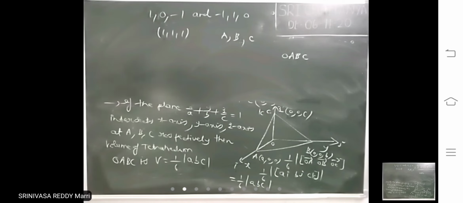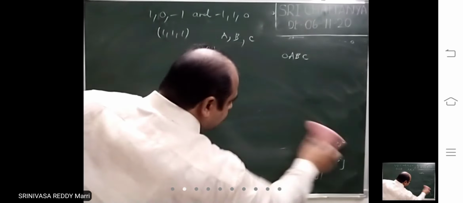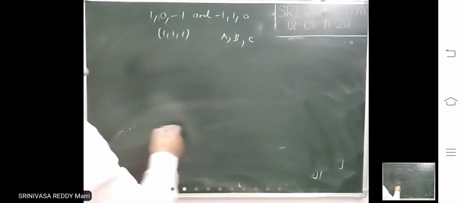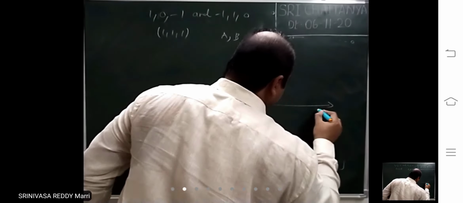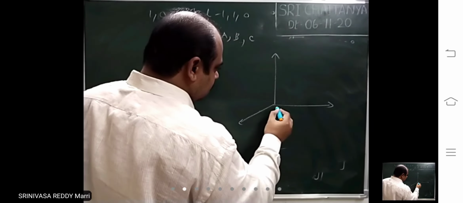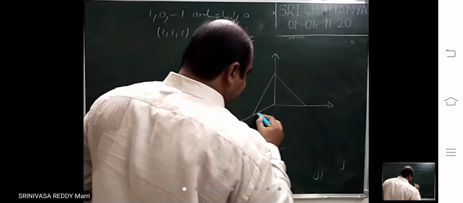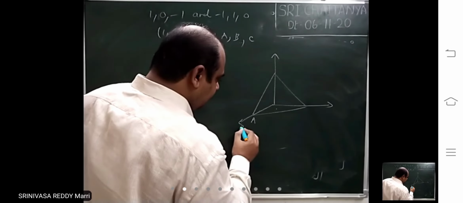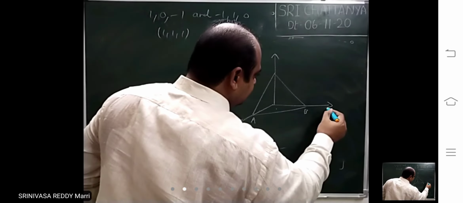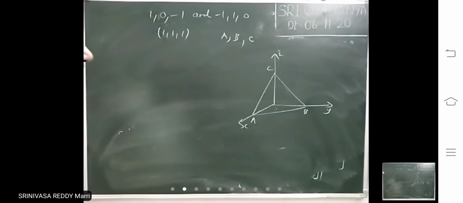First we will find the equation of the plane. Remember this diagram: A on the x-axis, B on the y-axis. First you have to find the equation of the plane, then you can find the volume.